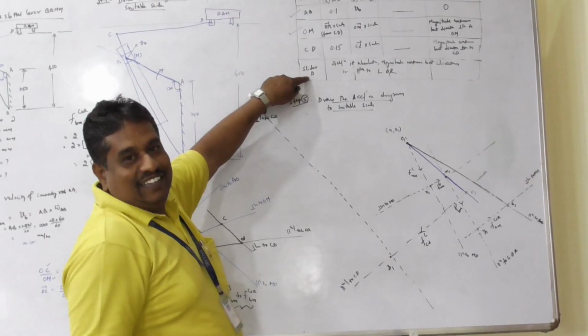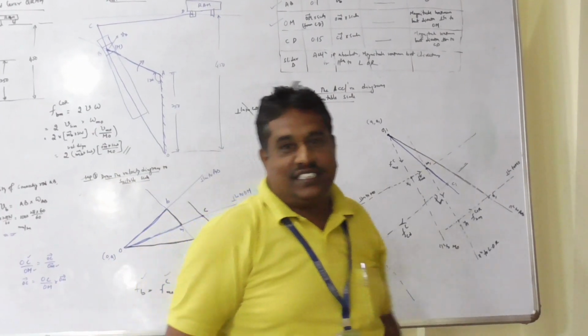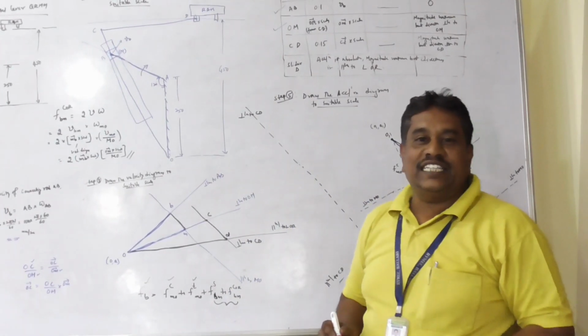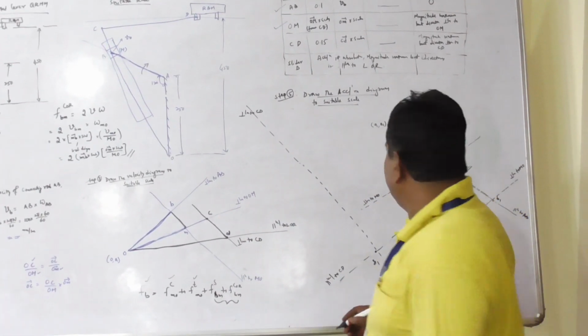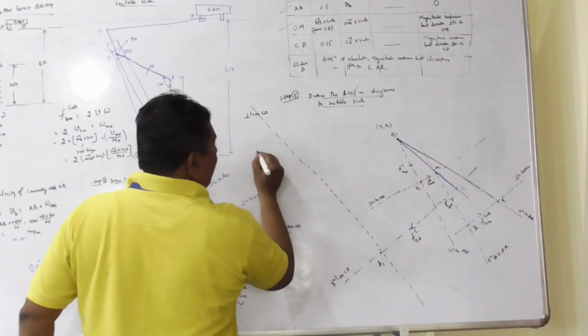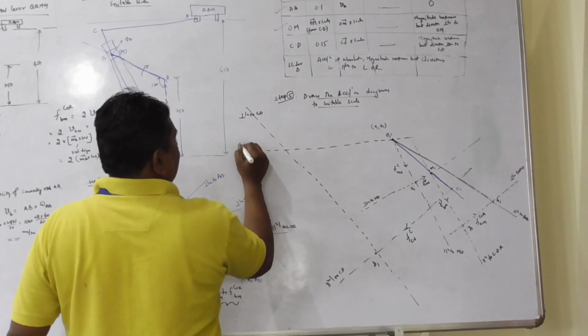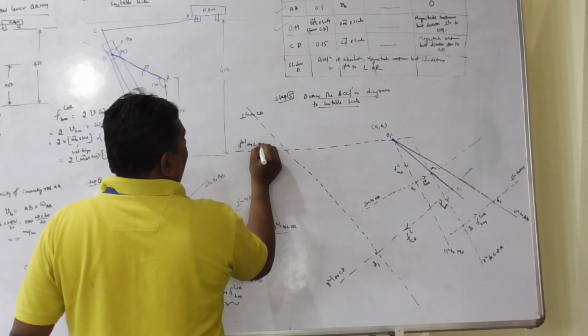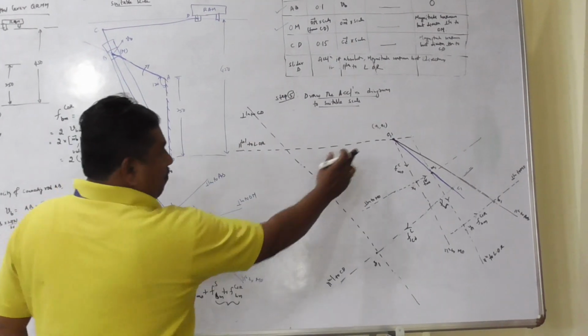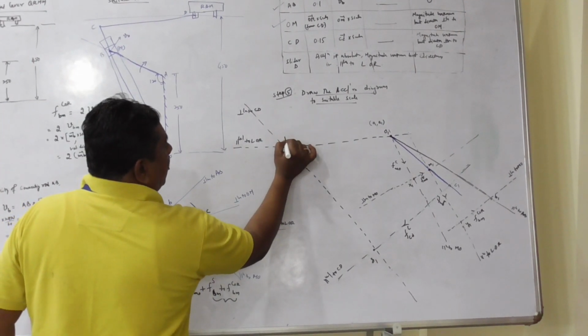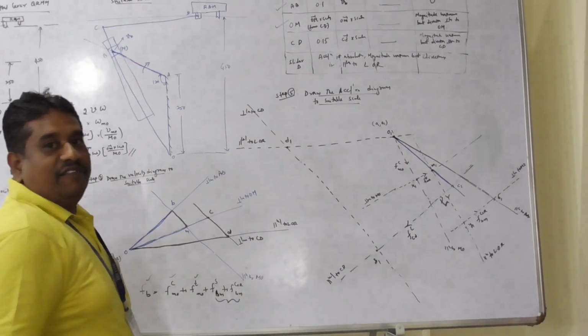Coming to the slider. For all sliding members, the acceleration is absolute. Therefore, whose direction is parallel to line of reciprocation, through pole O1, draw a line parallel to line of reciprocation. This parallel line and this perpendicular line intersect at this point. I am going to get point D1.